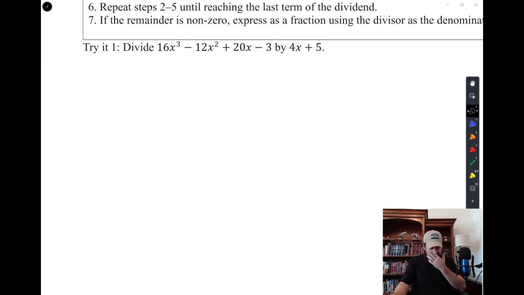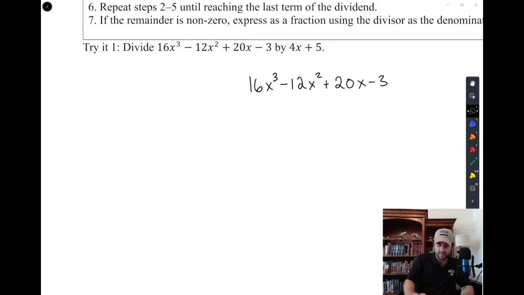We are going to divide 16x cubed minus 12x squared plus 20x minus 3 by 4x plus 5.